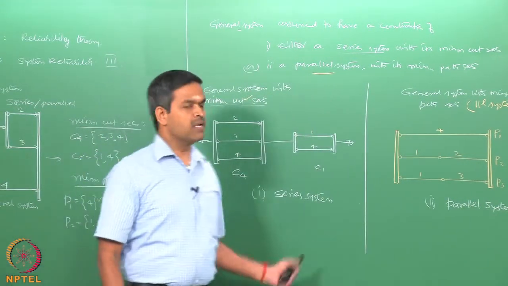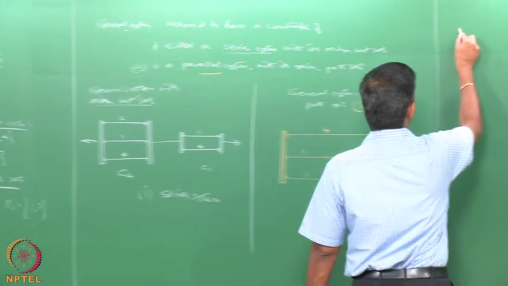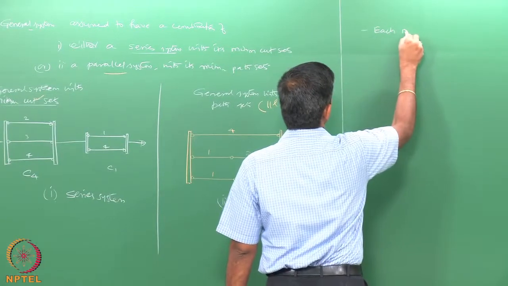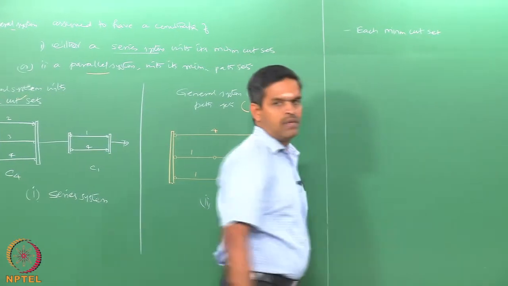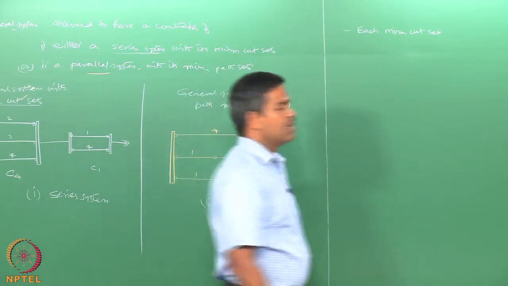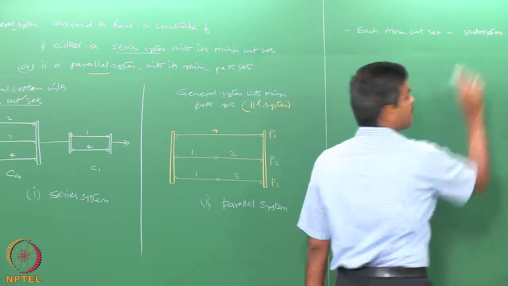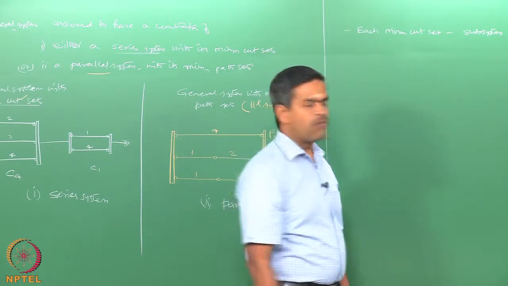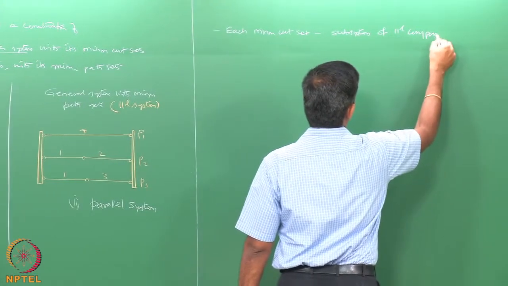So, as shown in the figures here, each minimum cut set is actually a subsystem of parallel components, correct?